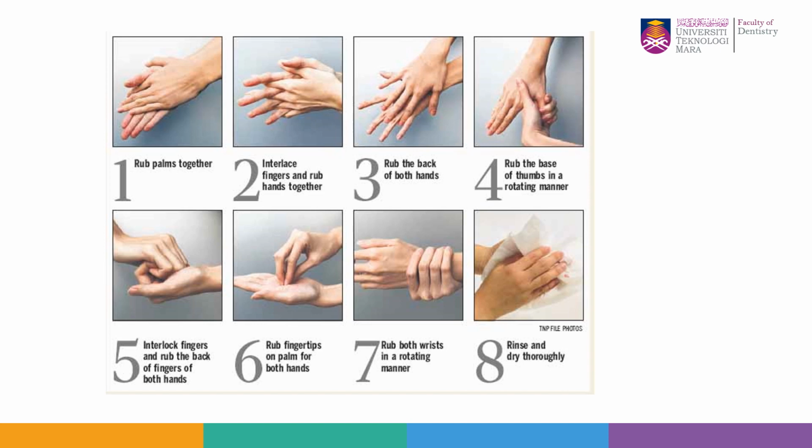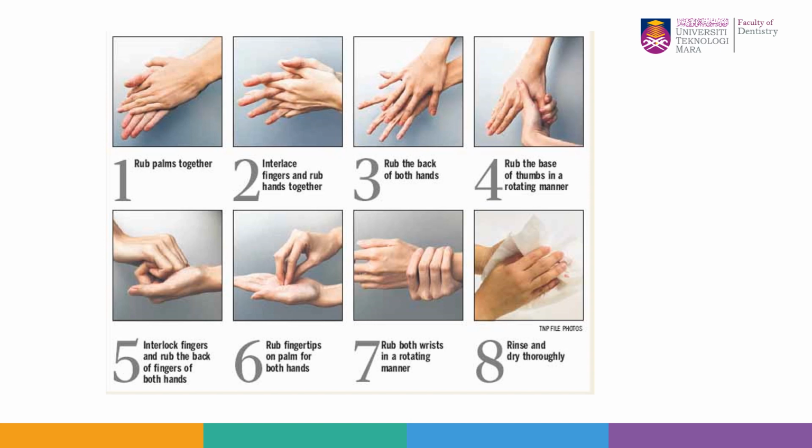Number 4, rub the base of thumbs in a rotating manner. Number 5, interlock fingers and rub the back of the fingers of both hands. Number 6, rub fingertips on the palm of both hands. Number 7, rub both wrists in a rotating manner, and then lastly, rinse and dry thoroughly.